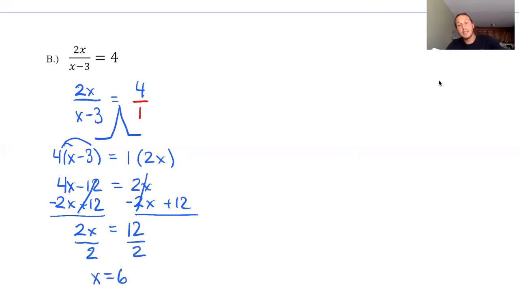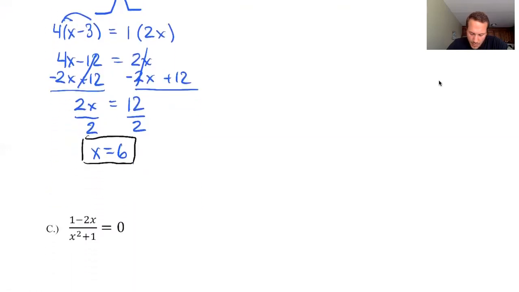If I take that 6 and plug it into the denominators, so I'm plugging in right here, 6 minus 3 is 3. This is a good answer because it did not go to 0. Nothing's stopping you from checking fully, but you just don't have to. It kind of turns into a bit of a waste of time, but again, it's okay if you want to.